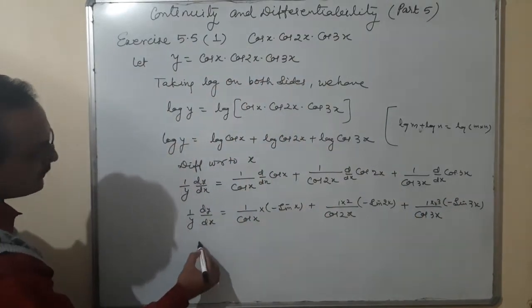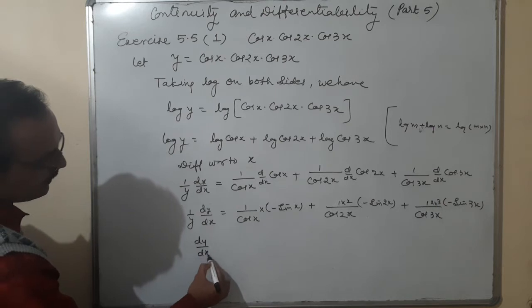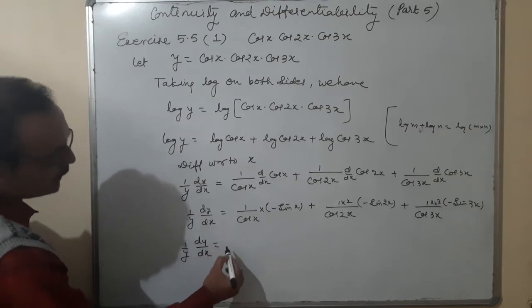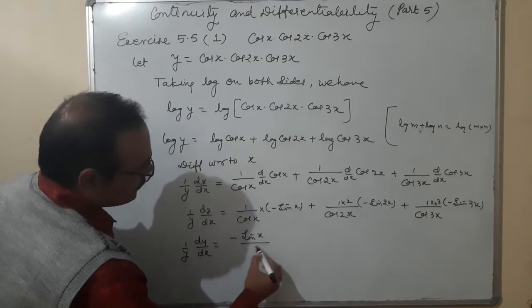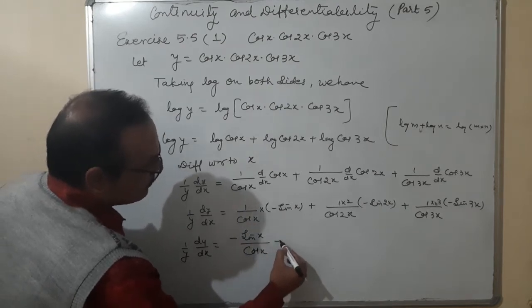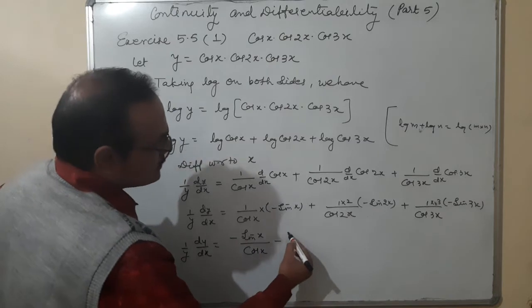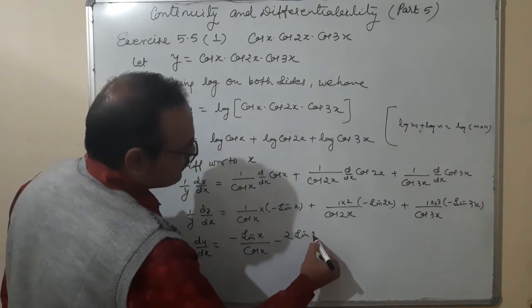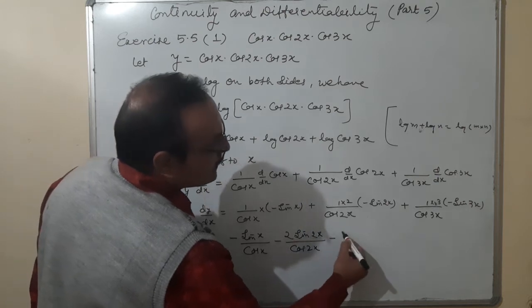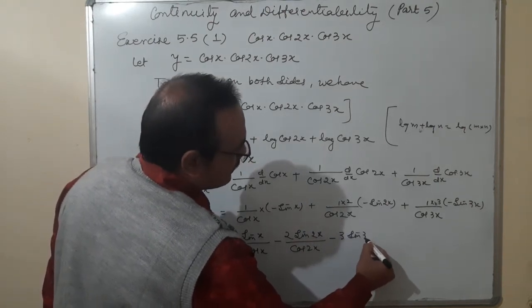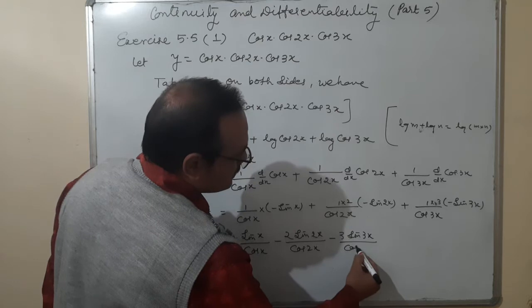So finally 1 upon y dy by dx is equal to minus sin x upon cos x minus 2 sin 2x upon cos 2x minus 3 sin 3x upon cos 3x.